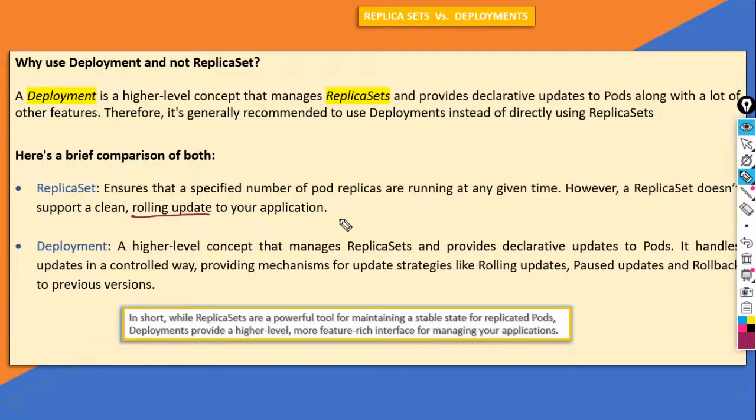A rolling update means you are deploying something into an existing system.